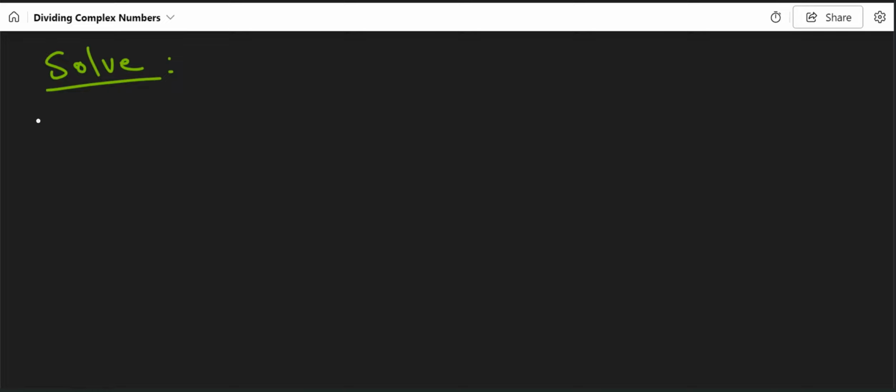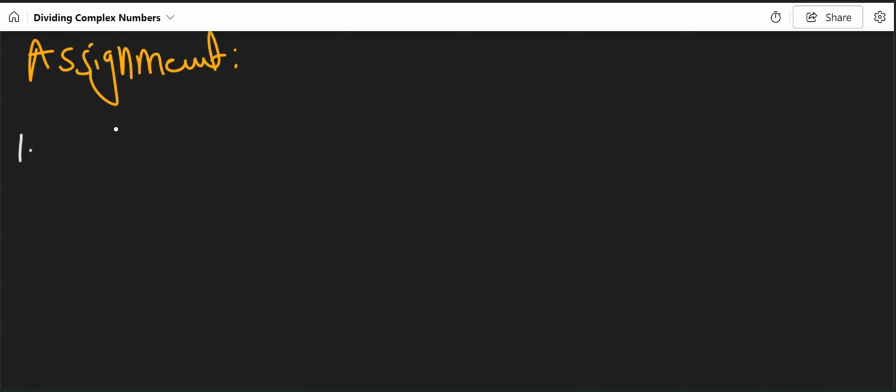So an assignment, more or less of a personal initiative. The first one, solve 8 plus 5i divided by 2 plus 6i.